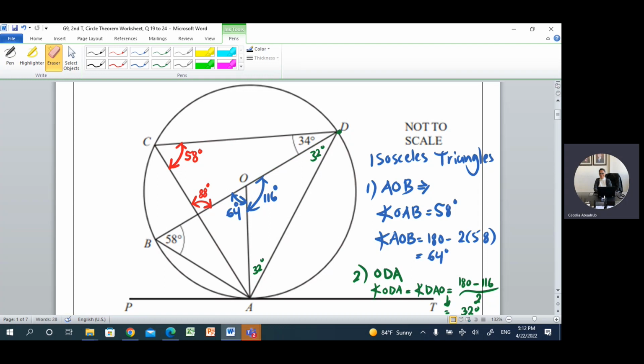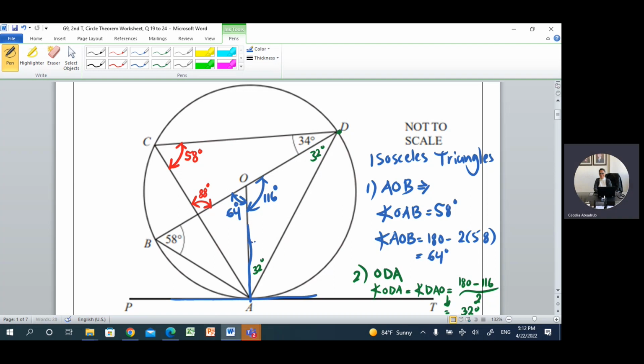All right. Any other angles that we can find? As you can see here, we have the tangent and this radius.